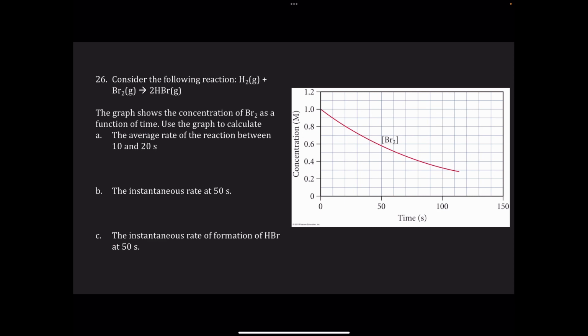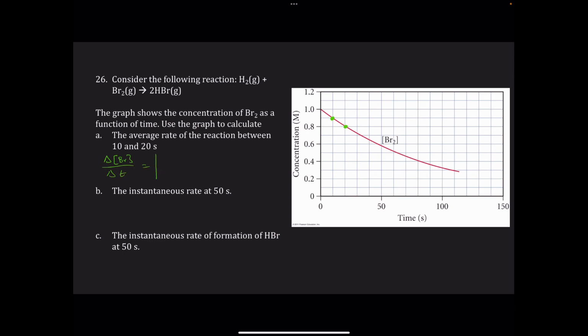So what we're going to do is come to our graph. We're going to locate 10 seconds on our curve, and then we're going to locate 20 seconds. We're going to find the slope between those. So we're looking at the change in the bromine concentration over the change in time.